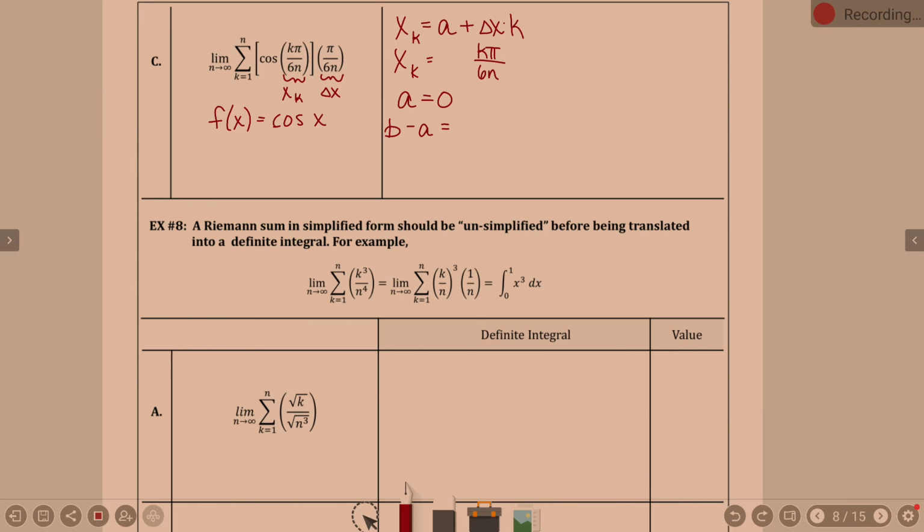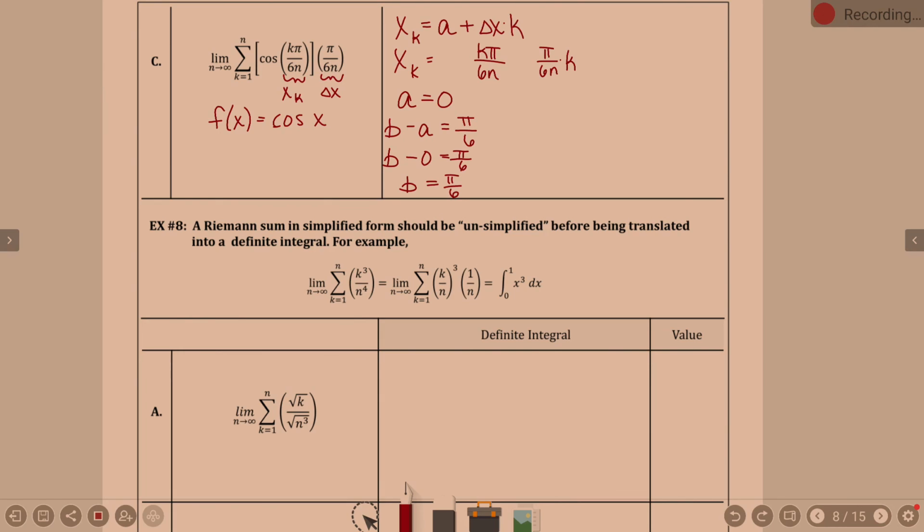So this is pi over 6n times k. And so that b minus a value is actually pi over 6. So if b minus 0 is pi over 6, then that tells me that b is pi over 6.